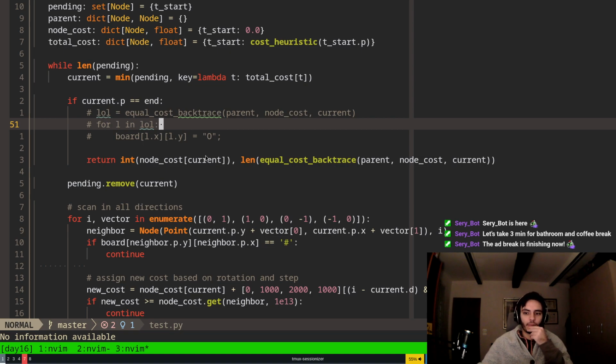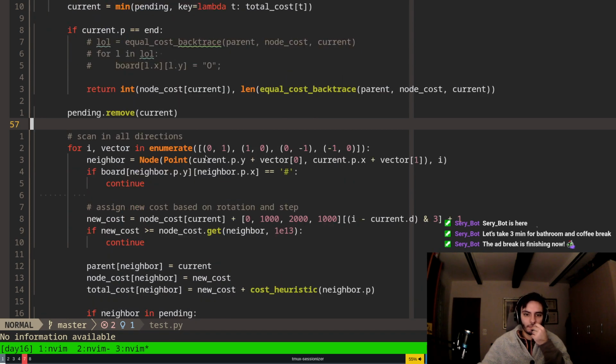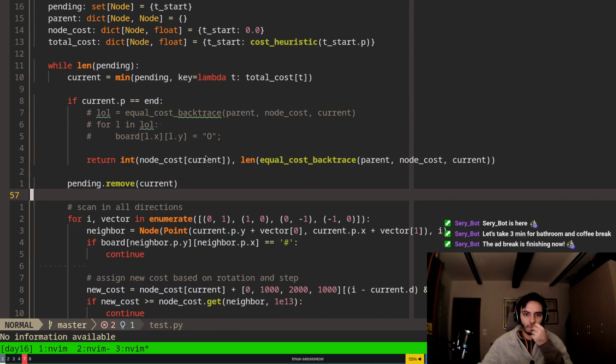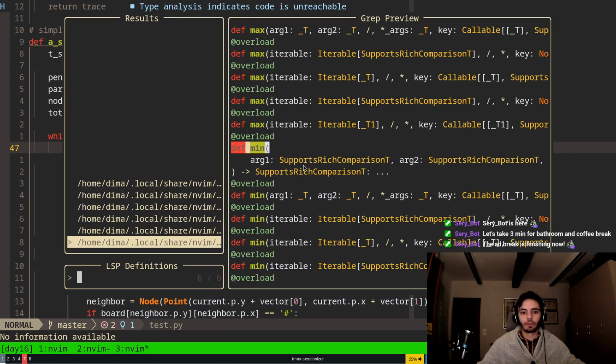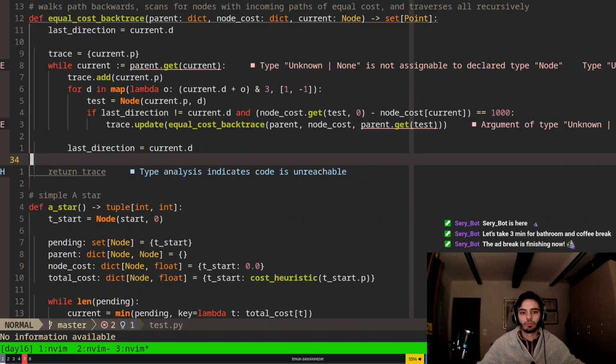Doesn't actually account for the direction. How does that work? I don't think it's this min function. No, this is a Python function.